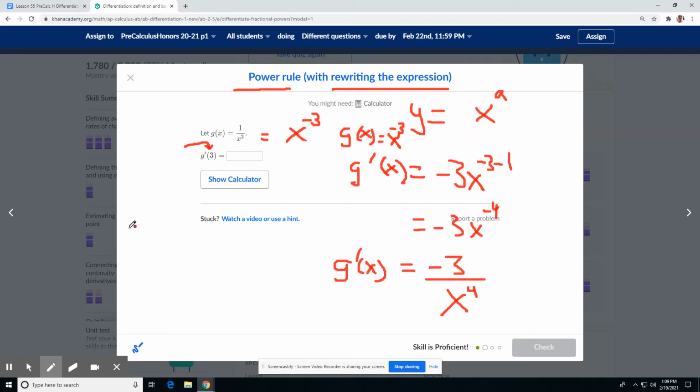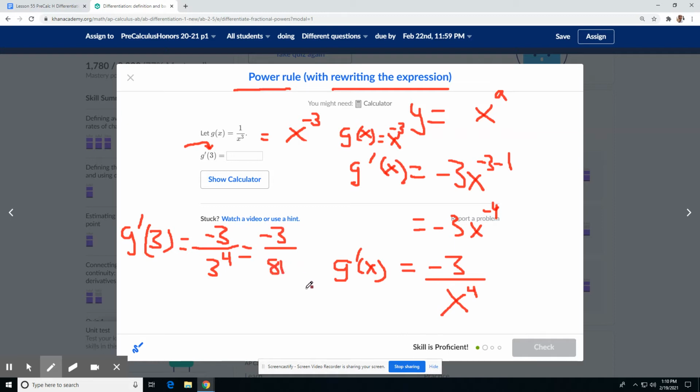And then they want g prime of 3, which means we just plug 3 in for x. That would be -3 still on top over 3 to the 4th. 3 times 3 is 9, times 3 is 27, times 3 is 81. So I get -3 over 81.